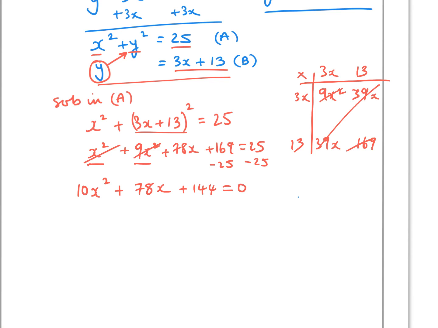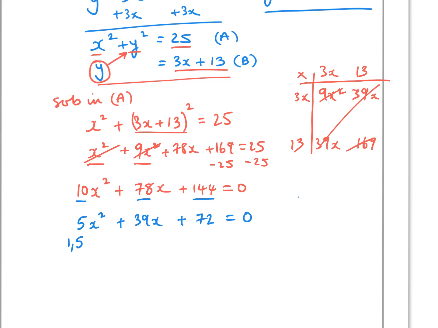Now the nice thing about this is even, even and even, so I can halve everything and have 5x squared plus 39x plus 72 equals 0. And now I can probably factorize that. It looks very difficult, but let's give it a try. We'd have 1 and 5 here, factors of 5. You might do this a different way, of course.